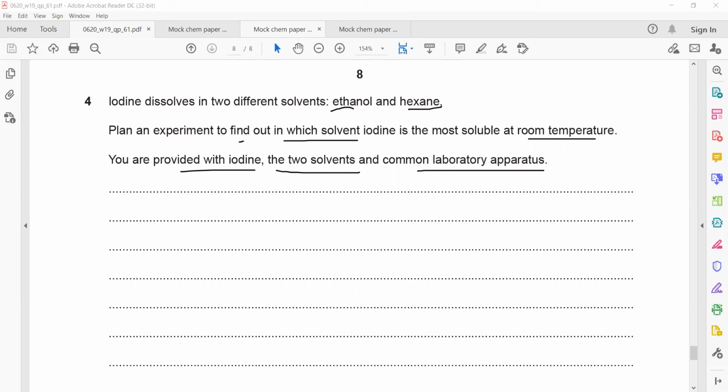Iodine is solid at room temperature, and on heating it sublimates. So what we will do, we will take equal volumes, for example 10 cm cube or 20 cm cube.